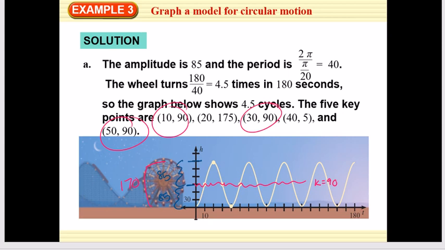Now, when I said 170 over here, and you're seeing 175, and then if you were to calculate the minimum, and you're seeing 5, this might be confusing, and I think this word problem actually cut out a piece of information. As you can see, look at the wheel. If you had a proper Ferris wheel, it's not going to be resting on the ground.